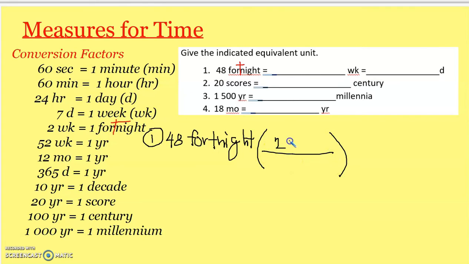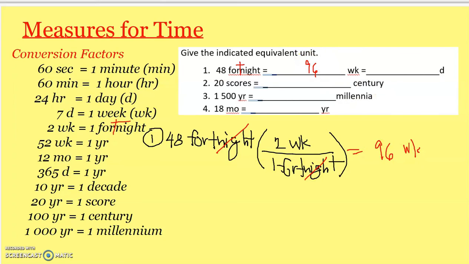There are 2 weeks in a fortnight. We cancel out the unit fortnight, and weeks remain. So we have 96 weeks. We write 96 here.